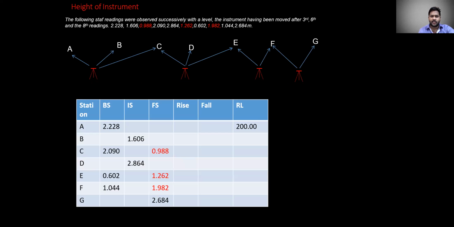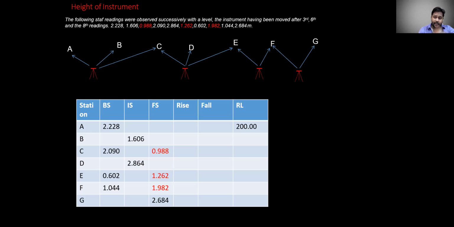So if you see here, similar to the previous lecture problem, the data is the same. So we need to solve the same problem by using a different method, that is the rise and fall method.